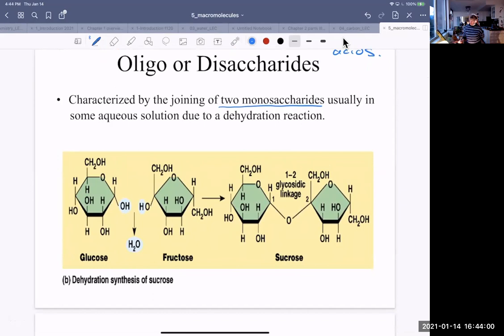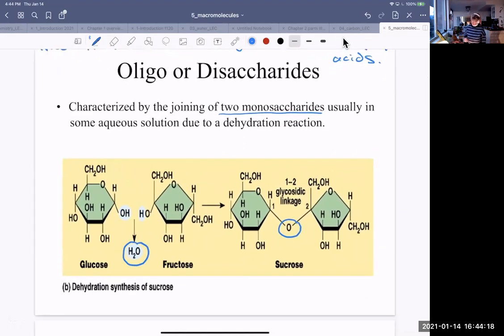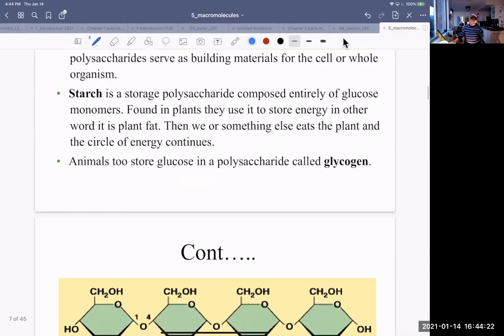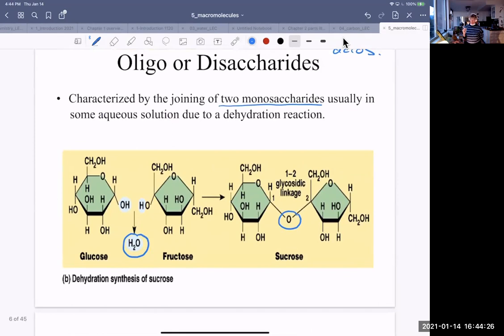So dehydration synthesis, which requires energy as it's a synthesis, results in the loss of one water molecule, resulting in the two monosaccharides being attached by one oxygen. What are our various disaccharides?